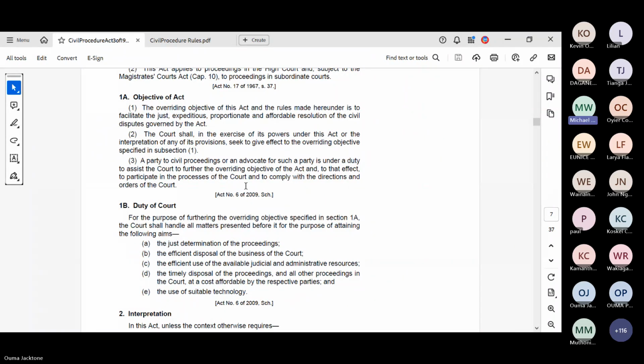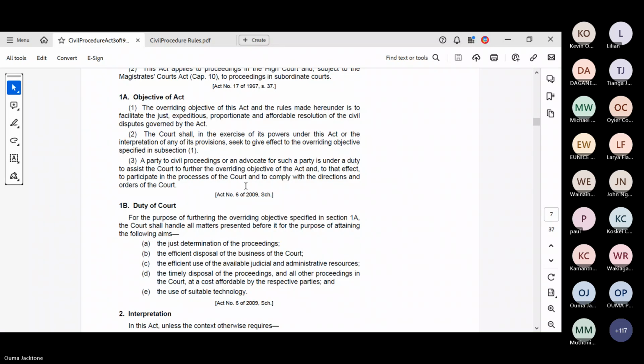A party to the civil proceeding or an advocate for such a party is under a duty to assist the court to further the overriding objective of the Act, and to that effect to participate in the process of the court and to comply with the directions and orders of the court.